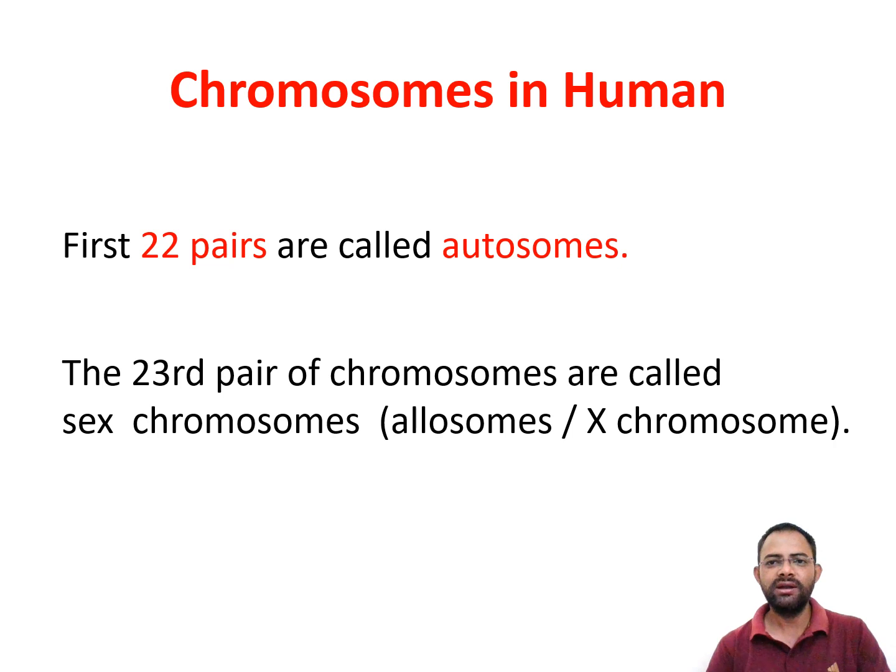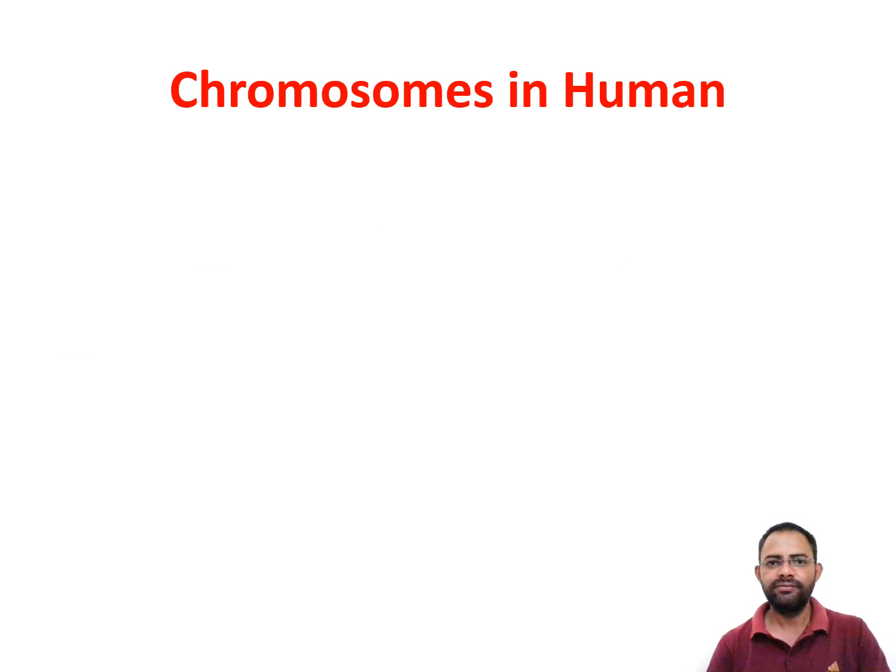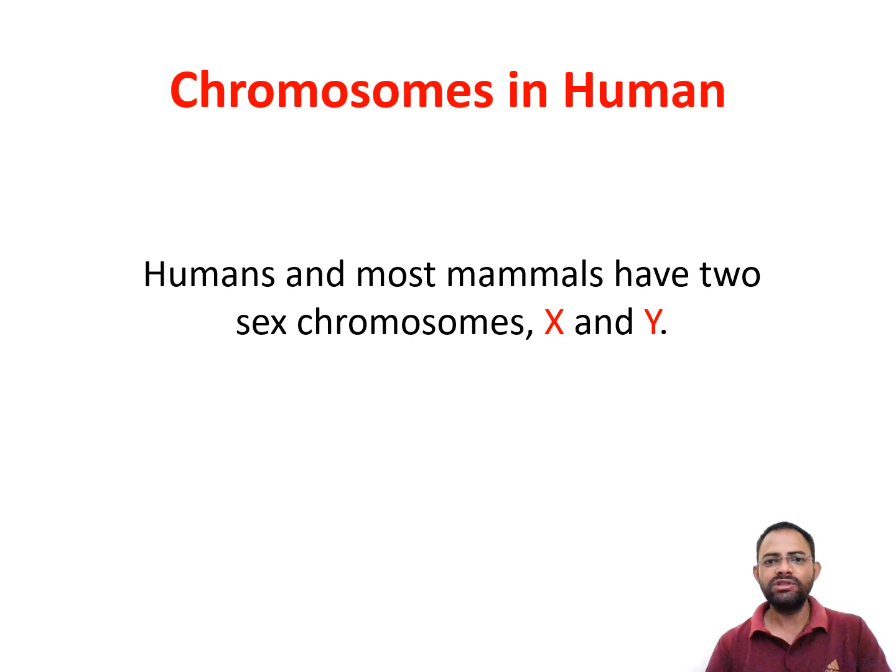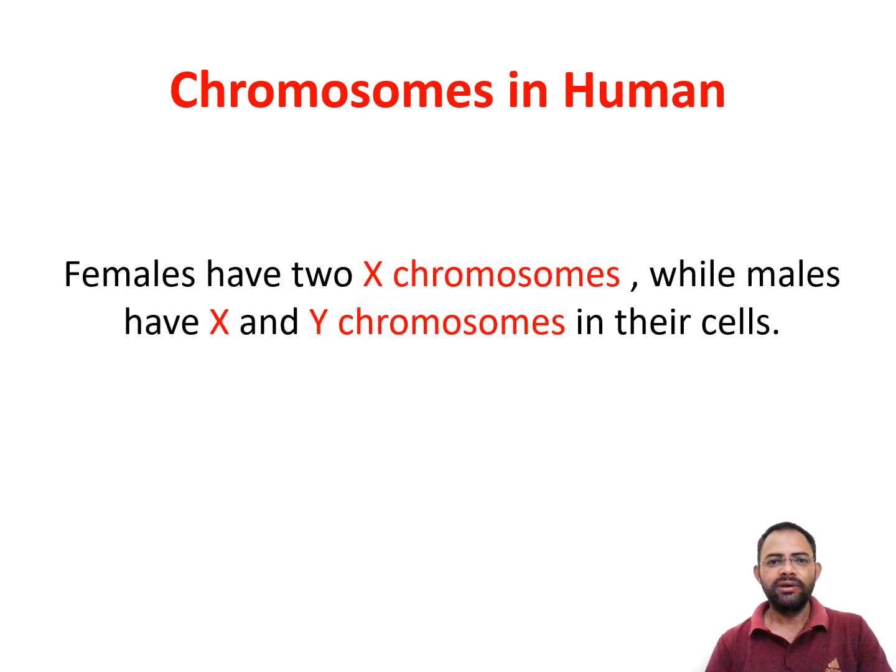Morphologically, autosomes are similar in male and female. On the other hand, the allosomes are the sex chromosomes that determine the sex of individuals and show sex linkages. They are morphologically different in males and females. Humans and most mammals have two sex chromosomes, X and Y. Females have two X chromosomes while males have X and Y chromosomes in their cells.